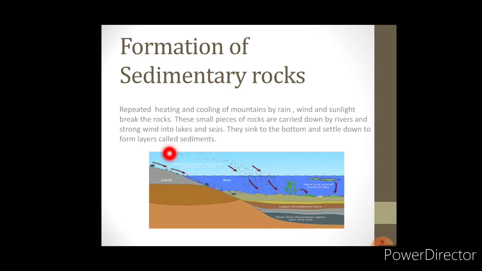Rivers take birth on mountains. Many holy rivers take birth on mountains, so along with the river water the pieces flow down into the seas. These small pieces of rocks are carried to the lakes and then to the seas, where they sink to the bottom and settle down to form layers.